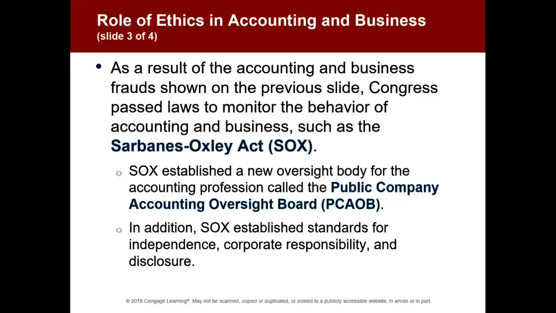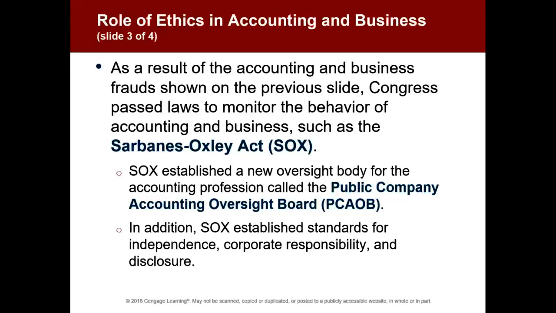It established new oversight for the accounting profession. This is called the Public Company Accounting Oversight Board. It's another layer. Prior to this, the accounting profession actually was monitoring itself in terms of both financial reporting and the auditing guidelines that helped ensure that the financial reporting was honest.